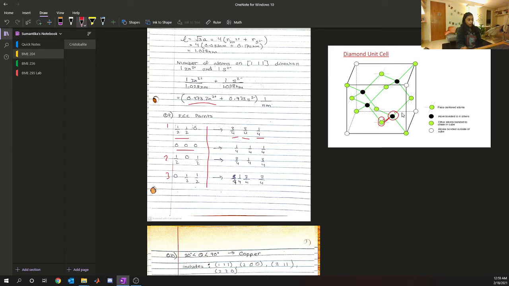So that's the first pair. The second pair is 0, 0, 0, so that's right here. And that would just be 1/4, 1/4, 1/4 in all 3 directions. Number 2 is 1/2 in the x and 1/2 in the z, which is this face atom right here. And we find the closest pair, which is another atom that's bonded to 4 others.